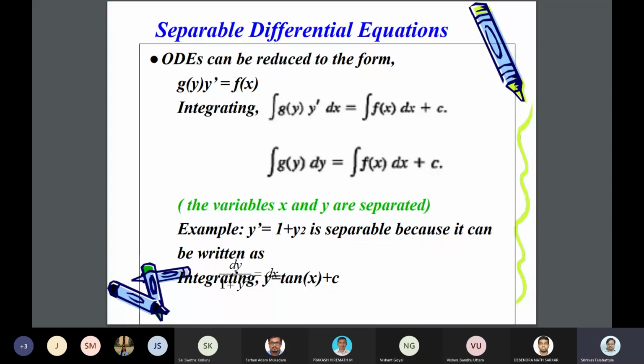For example, around the circle, like a tabla. So the boundary is fixed. That is more appropriately what you call boundary conditions. Okay. So let us look at some methods of solutions. How do you solve is an important question. So you are given an equation y dash equals f of x by g of y.